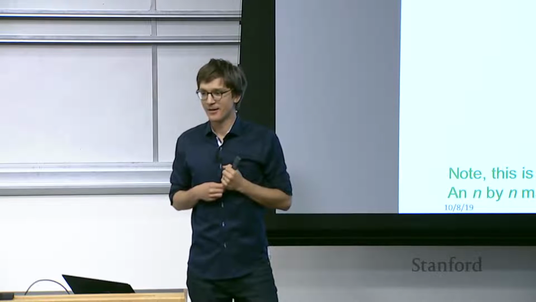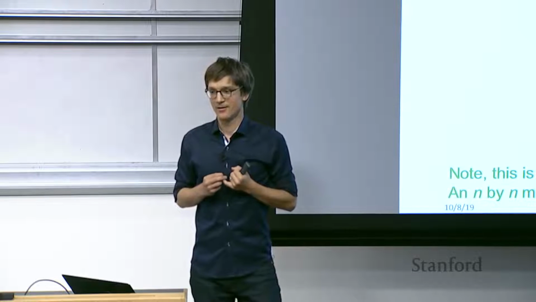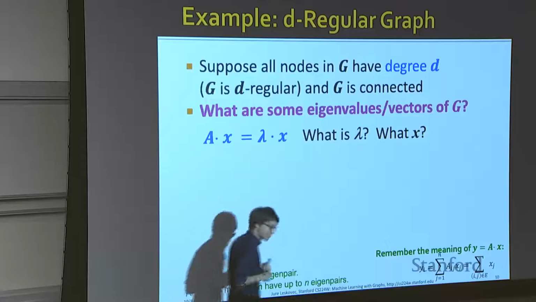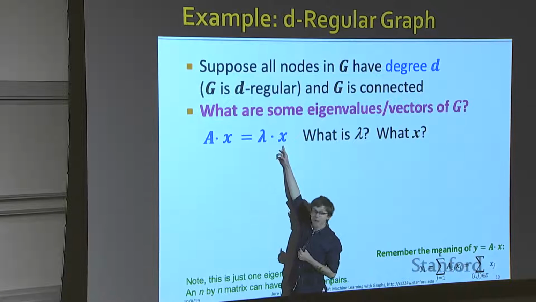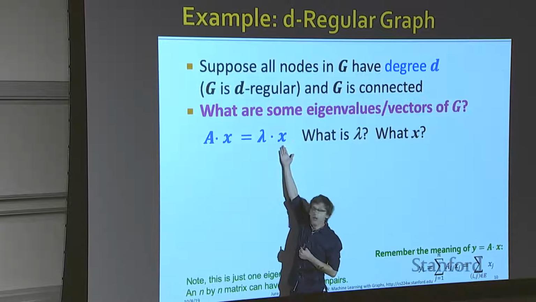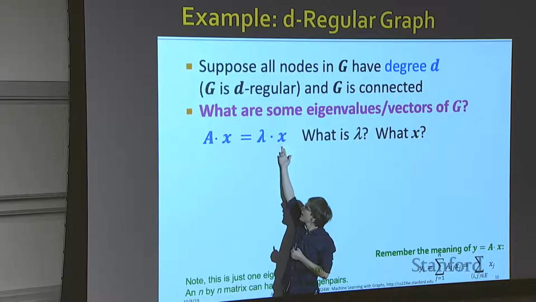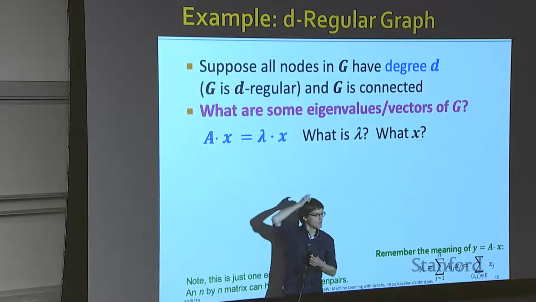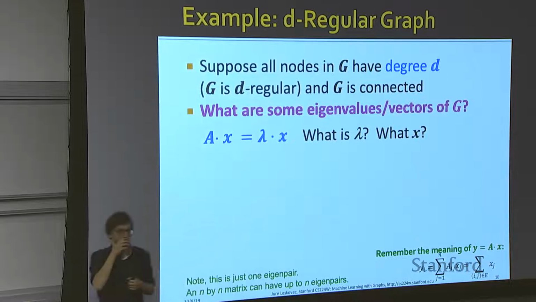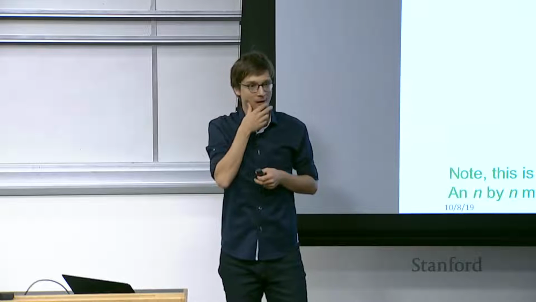All ones as an eigenvector and an eigenvalue of 4. Okay, great. So we have a suggestion: one eigenvector is that we set all entries to ones, and if I have a 4-regular graph, then lambda would be 4. Do we agree with that suggestion? And if not, why not?